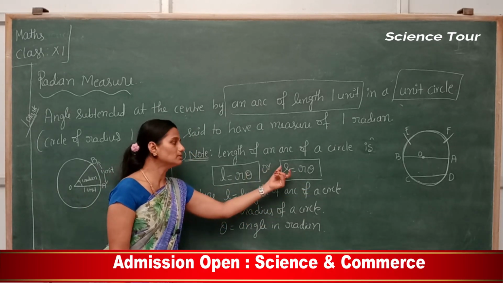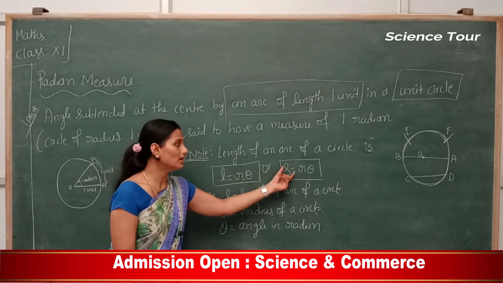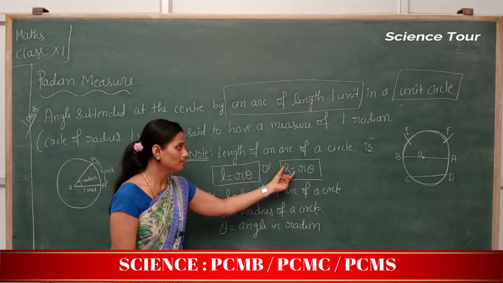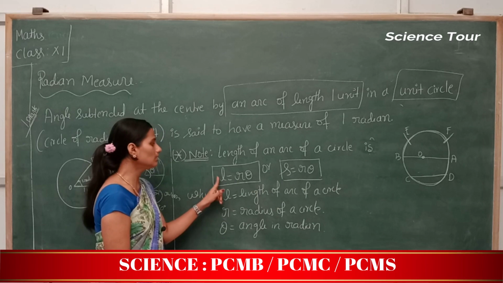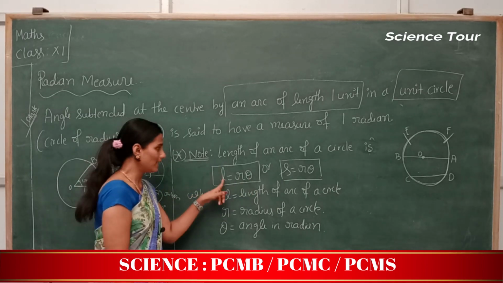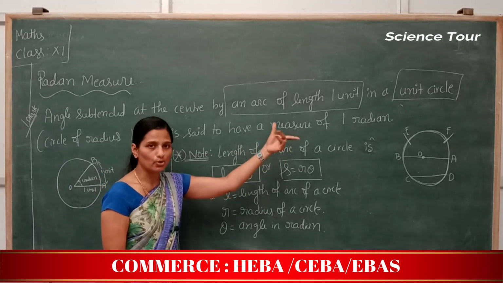In the question paper, if they ask for the length of an arc, you can write S = r theta or L = r theta. L and S are both notations for the length of an arc.